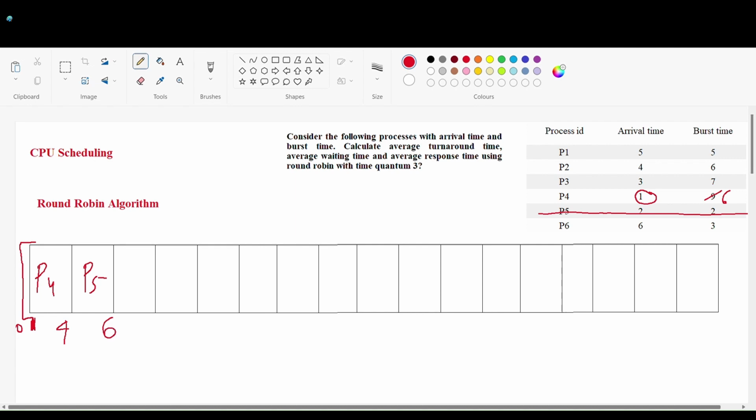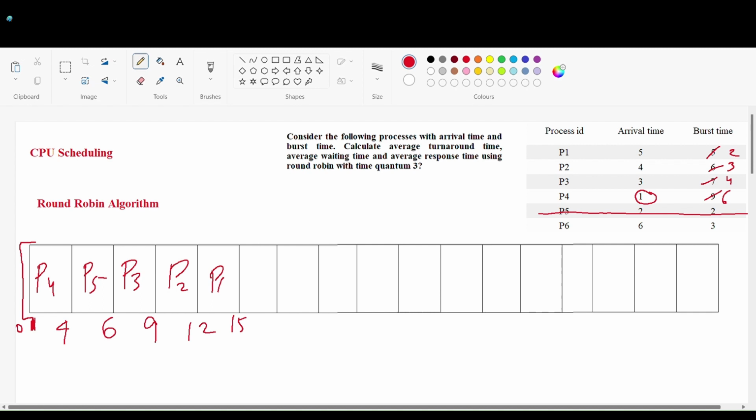Then P3 will start to execute and it will execute up to 9, and 4 is remaining. Then P2 will start to execute and P2 will execute up to 12, and 3 remaining. Then P1 will start to execute and P1 will execute up to 15, and 2 is remaining.